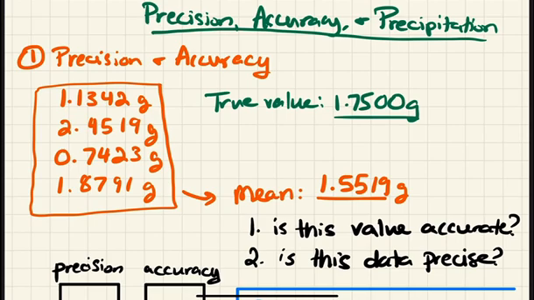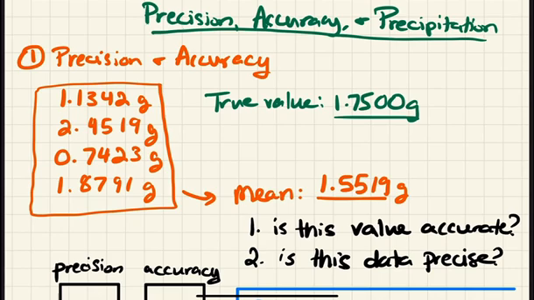These are both qualities of data that are important to discuss when thinking about how good the results that you obtain in the lab are. Let's imagine we are trying to measure a sample whose true value is a 1.7500 gram mass.